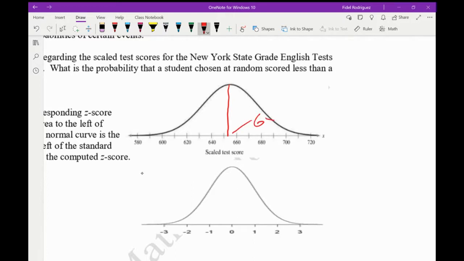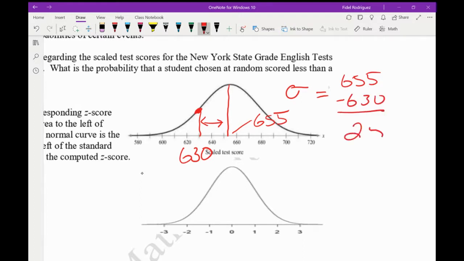I guessed that number there was 655, and my inflection point was right about here, which was 630. To find the distance, which is my sigma, I said sigma was 655 minus 630. That gave me a standard deviation of 25. Okay.